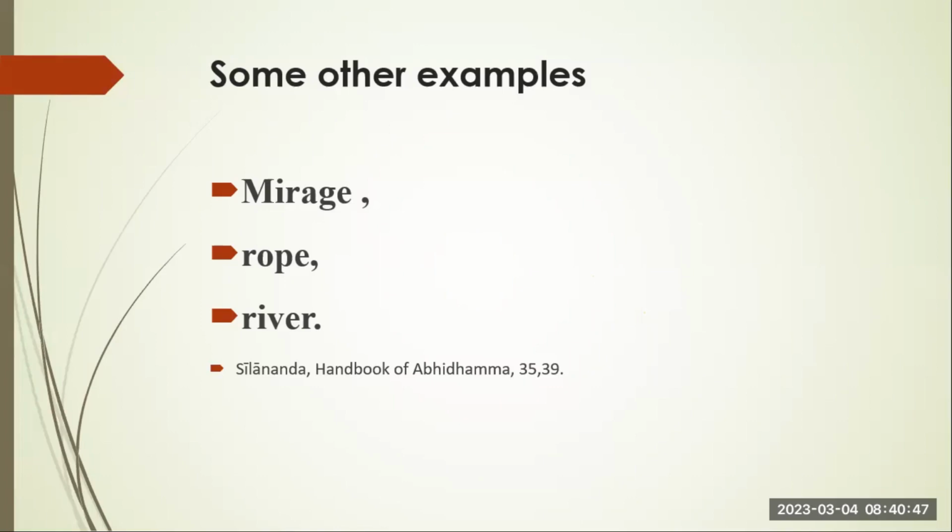We can't see this arising and passing away by our naked eye. Therefore, ordinary people think that people exist and live for a long time. But actually, mind and matter arise and pass away moment by moment.